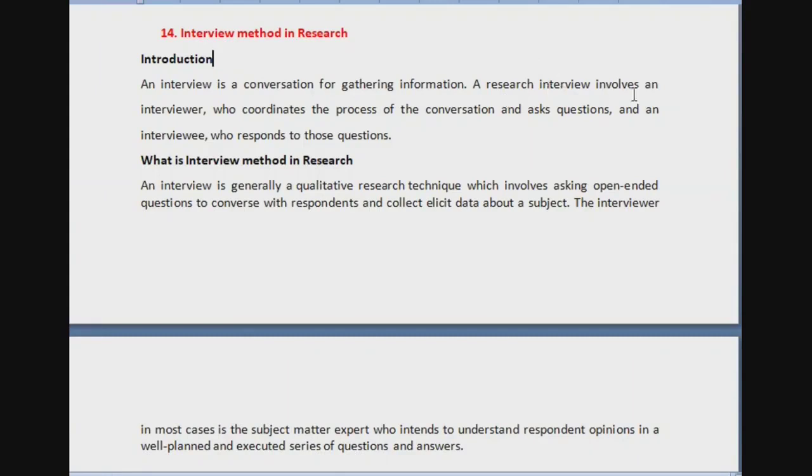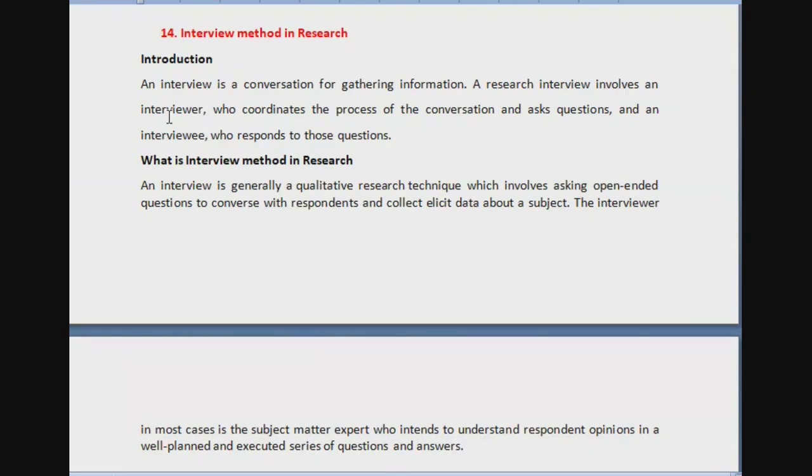A research interview involves an interviewer. Obviously, there needs to be a person who will ask questions, right? If I am trying to interview you, I will ask some questions to you, right? Why? Because I want to gather as much information as I can. And obviously, that information will be related to a certain aspect, so I will accordingly ask questions from this area only, right?